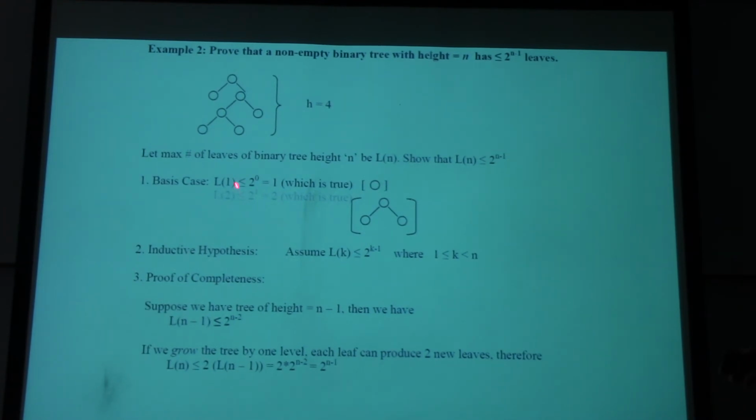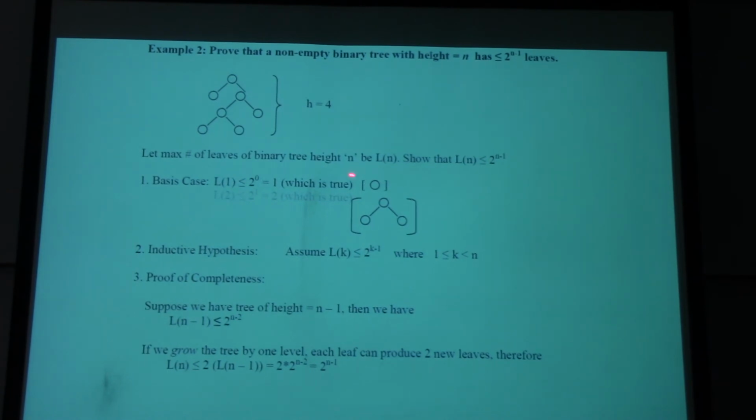So now L of 1 is going to be what? What is the maximum number of leaves of a tree of height 1? Tree of height 1. So the tree could look like this. So we have L of 1 is 2 to the 0, equal to 1.